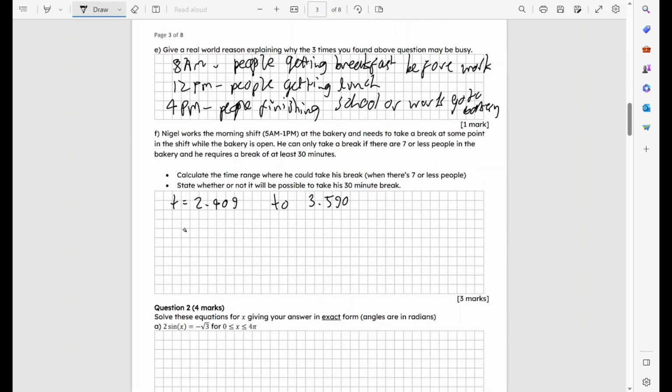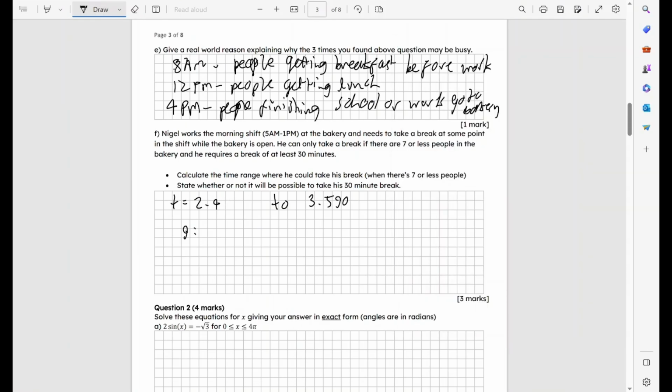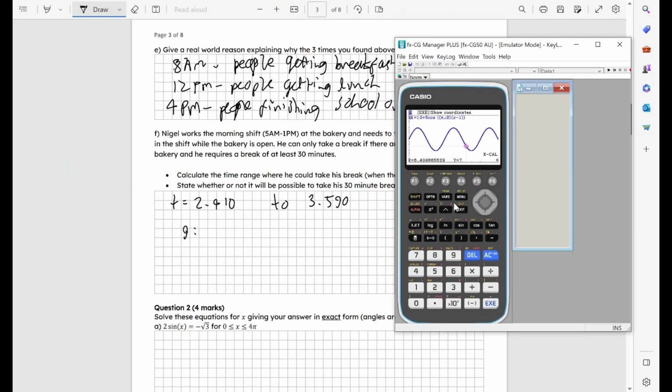So 2 corresponds to 9 a.m. And if we want to convert that 0.409, which I actually probably should have rounded to 0.410, to minutes, all we have to do is go back into your normal mode and go 0.410 times 60 to get it into minutes.